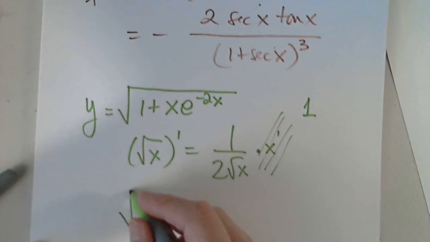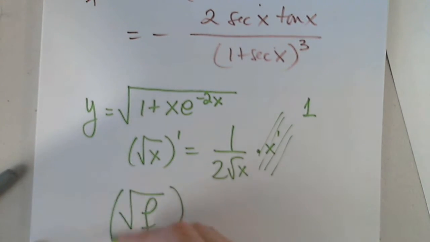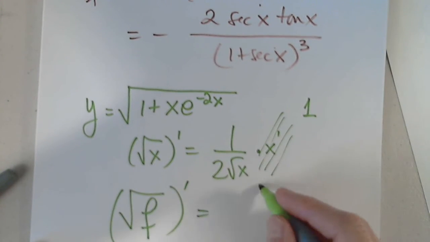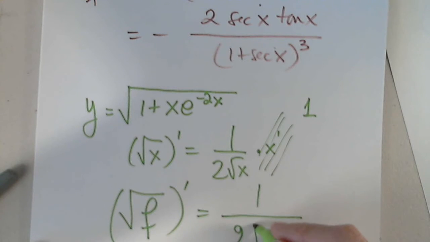But now, if I have the square root of any function but x, I do have 1 over 2 the square root of the function times the function prime.